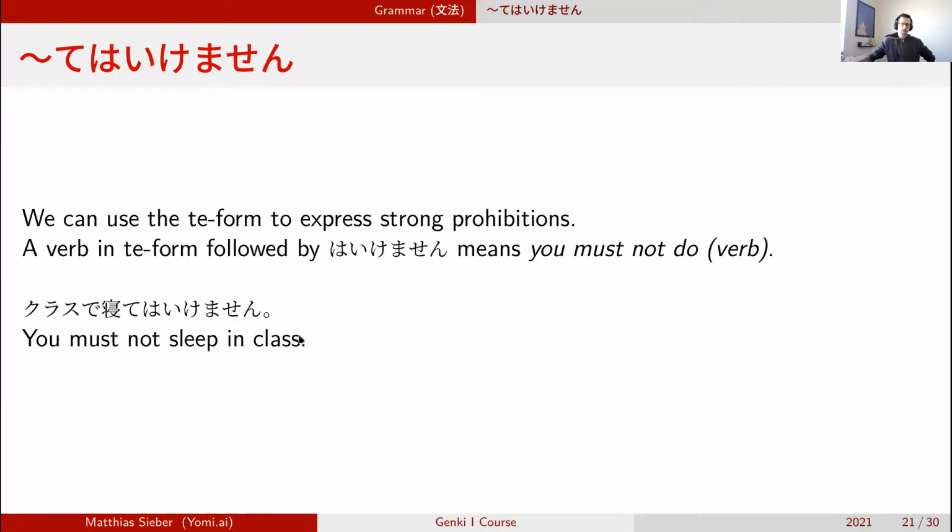So the verb in te form plus wa ikemasen means you must not do that verb. Neru becomes nete, so nete wa ikemasen, you must not sleep. And where? Kurasu de nete wa ikemasen.